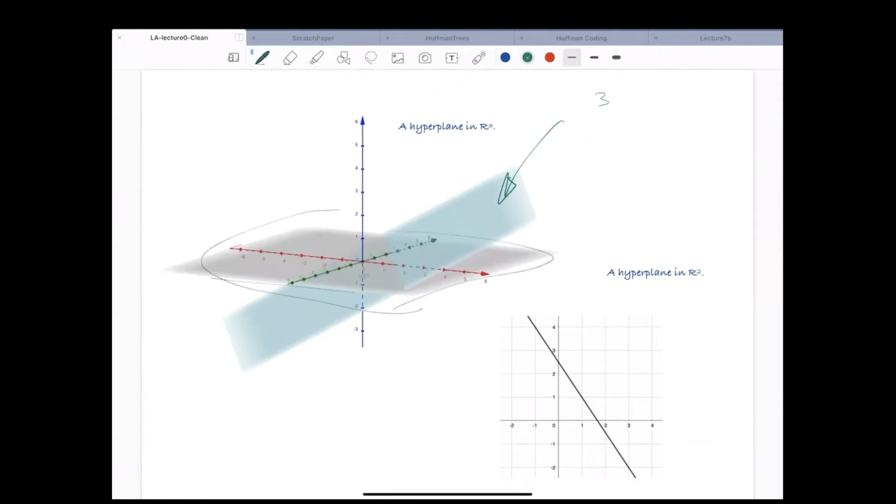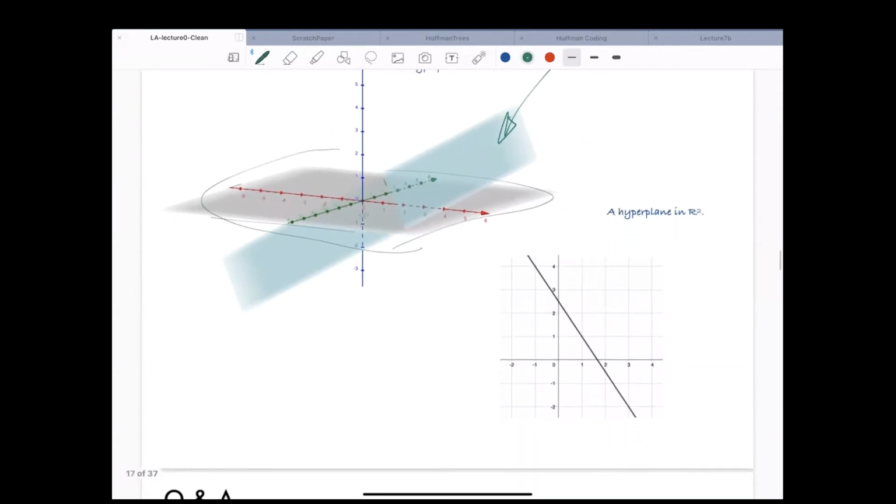But in general, you have 2 equations written down like this in 3 variables. You have 2 hyperplanes. In general, they intersect at a line. That line is the solution to those 2 equations simultaneously. So if I was given this equation and that equation, and wanted to find the solution of both at the same time, I would be looking for this line.